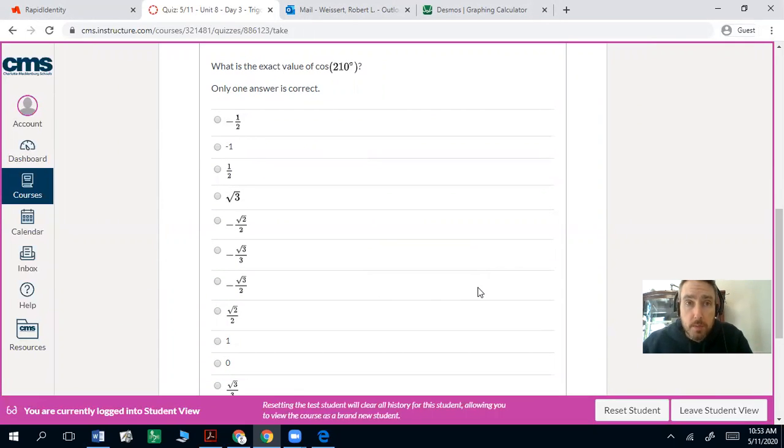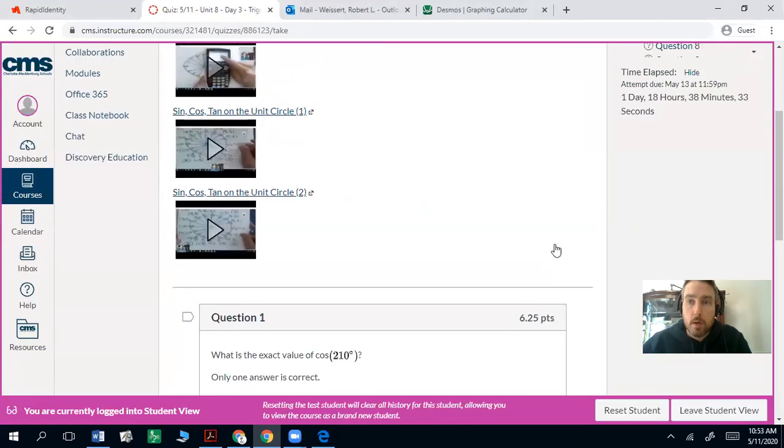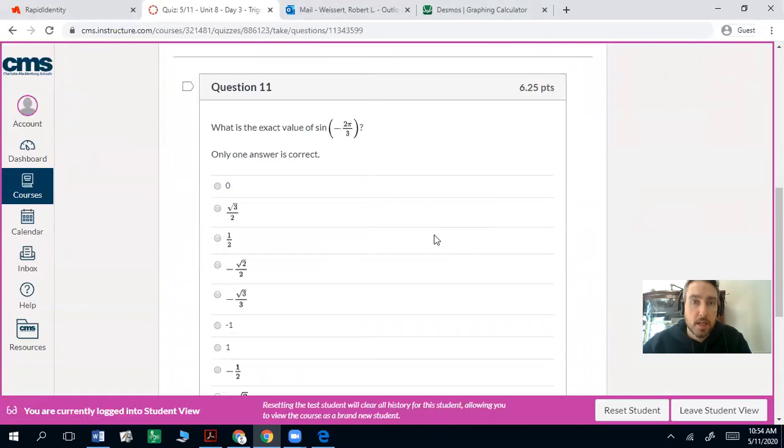They're all going to be, what is the exact value of, and it might say cosine, sine, or tan of a degree, or it might say, what is the sine, cosine, or tan of a radian, which will have a pi in it.